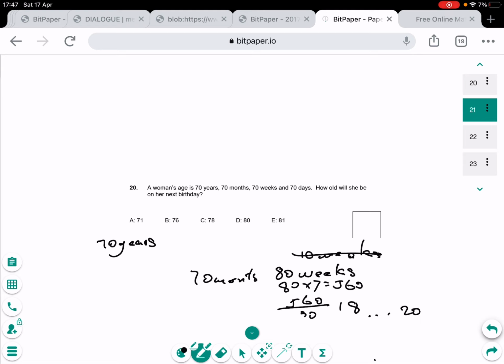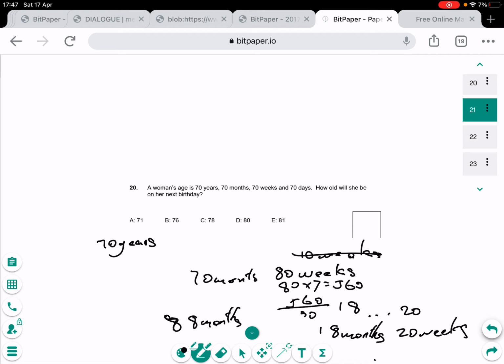So 20 weeks and 18 months. So there would be 88 months now. So we convert that into years. How many months are there in a year?